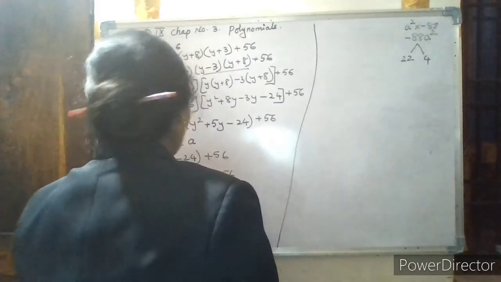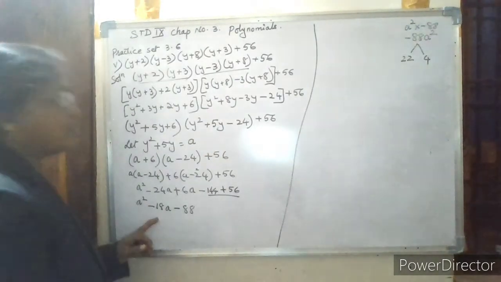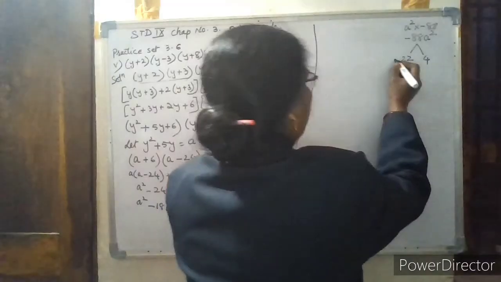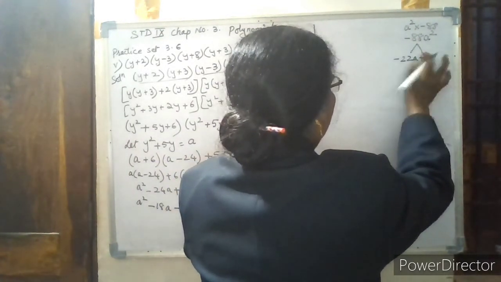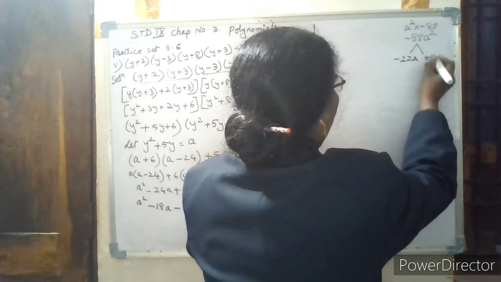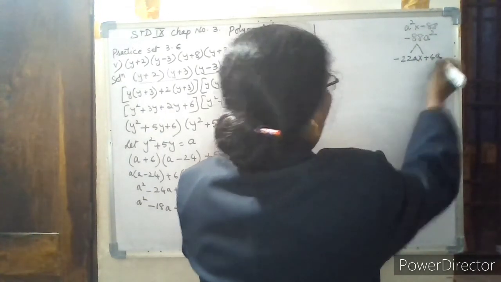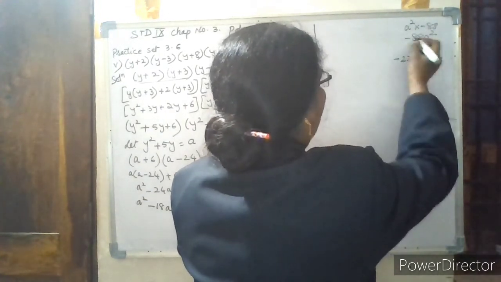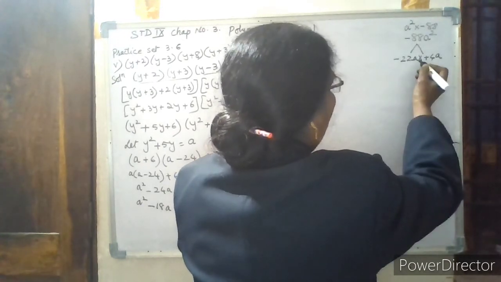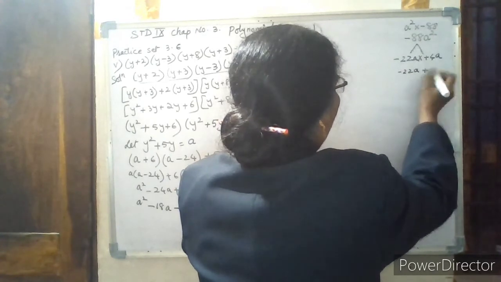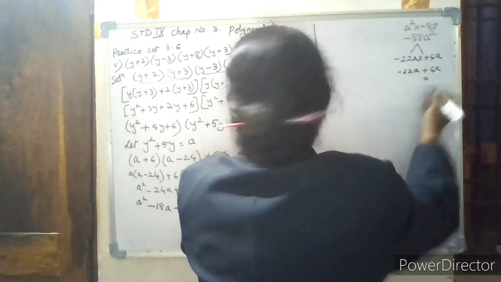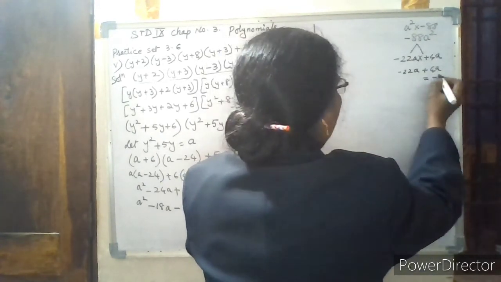Now we want minus 18, so for the greater number I put minus and the other one plus 4. Minus 22 into 4 is minus 88, and minus 22a plus 4a gives minus 18a.